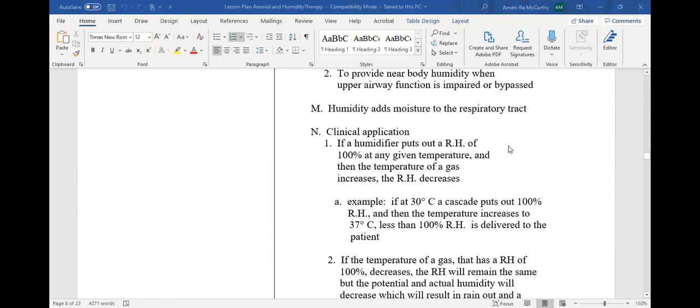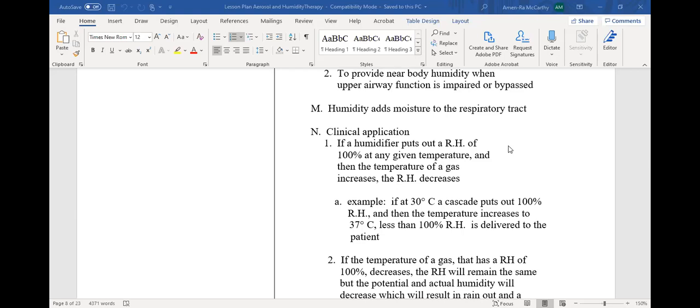If a humidifier puts out a relative humidity of 100% at any given temperature, if they say, use mine, I've got a humidifier that I made, you use mine, I'm going to give a relative humidity of 100% no matter what the temperature is, right? That's their selling point, okay?